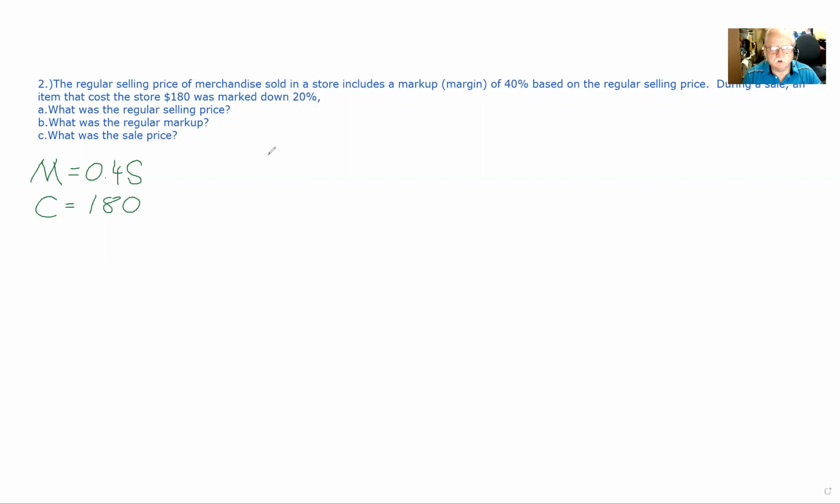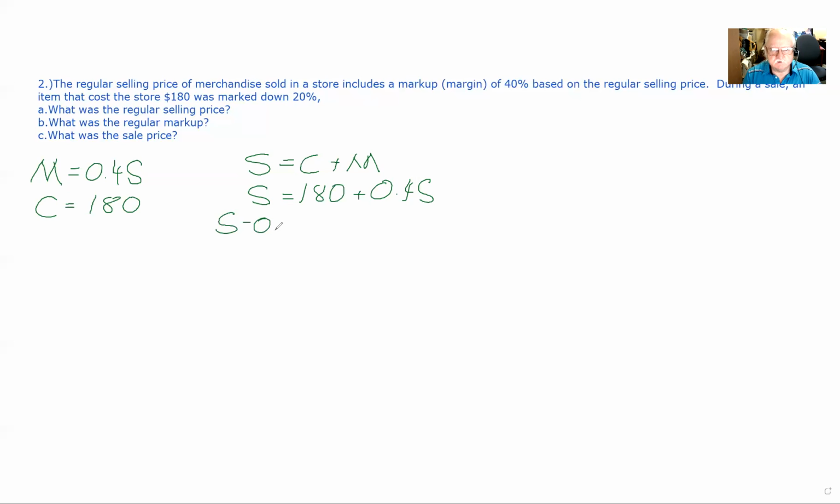And so we're going to take S equals C plus M. We don't know S. We know C is 180. And we know something about the markup. It's 40% of the selling price. So this 0.4S has to leap over here.